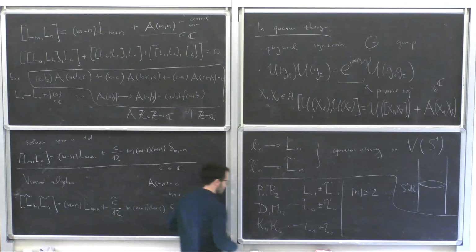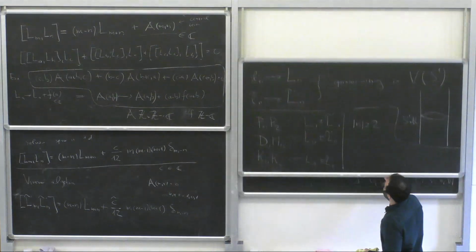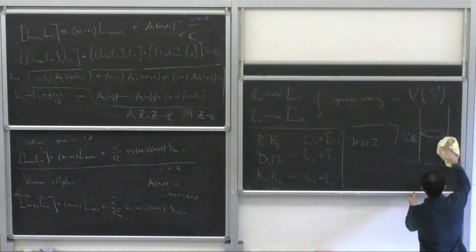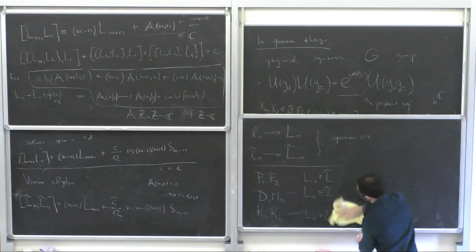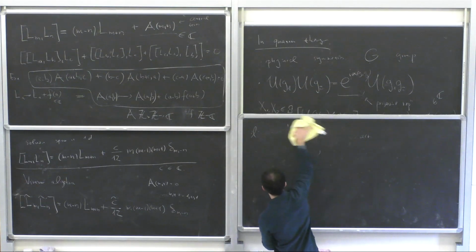Okay, so this is maybe the most important point of this lecture: the Hilbert space of conformal field theory on S1 is a representation of two copies of the Virasoro algebra.